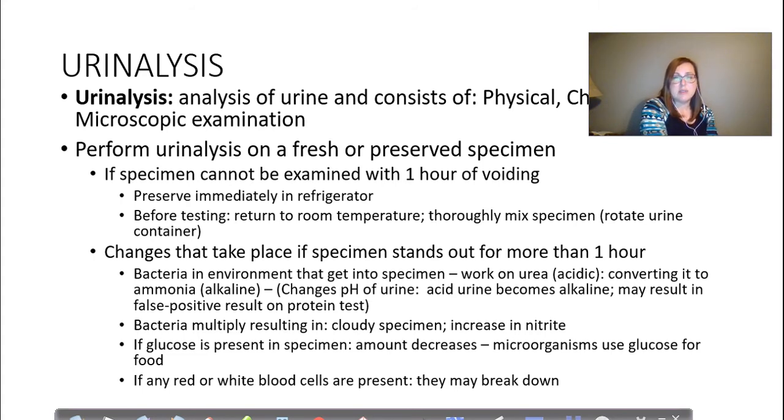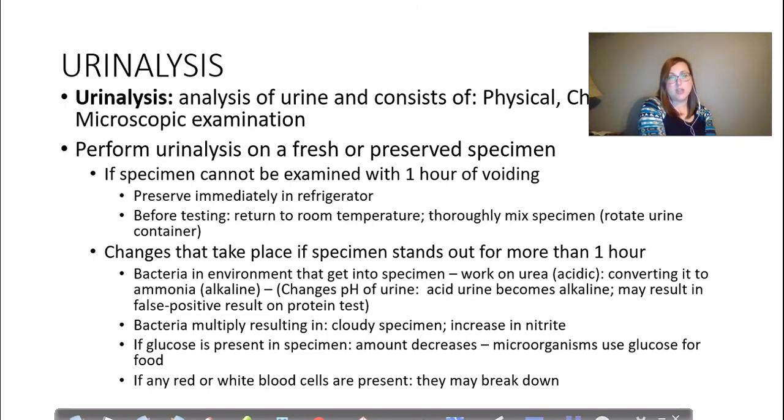Changes that can take place if a specimen stands out for more than 1 hour is that bacteria in the environment that get into the specimen work on urea, which is very acidic, and convert it to ammonia, which is alkaline. So that changes the pH of urine. Acid urine becomes more alkaline, which results in false positive results on a protein test.